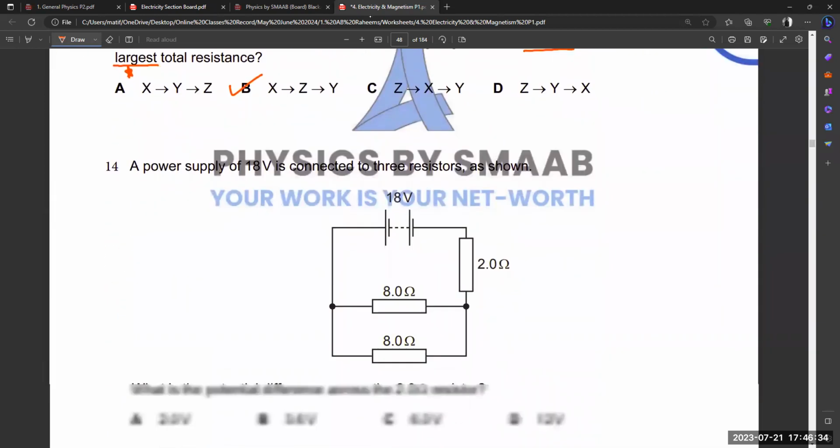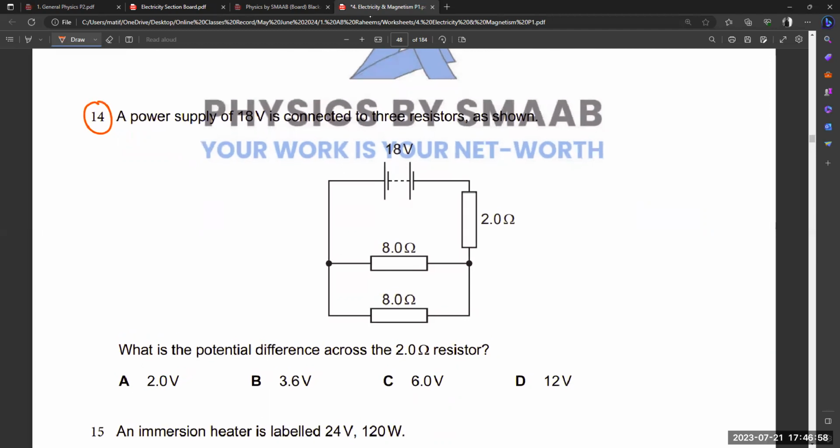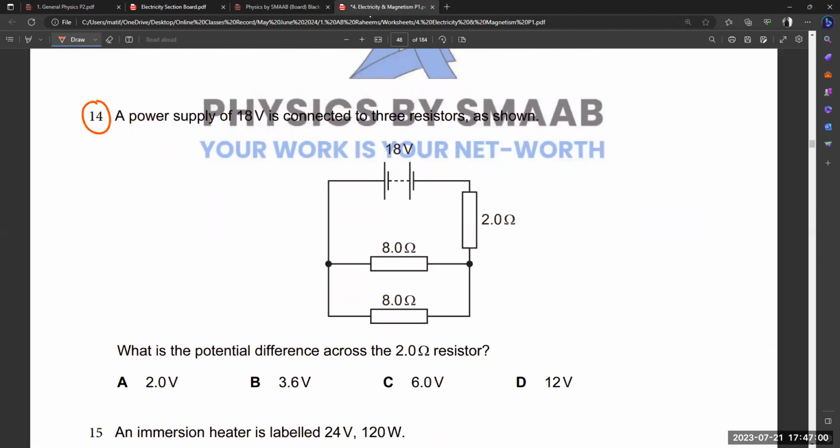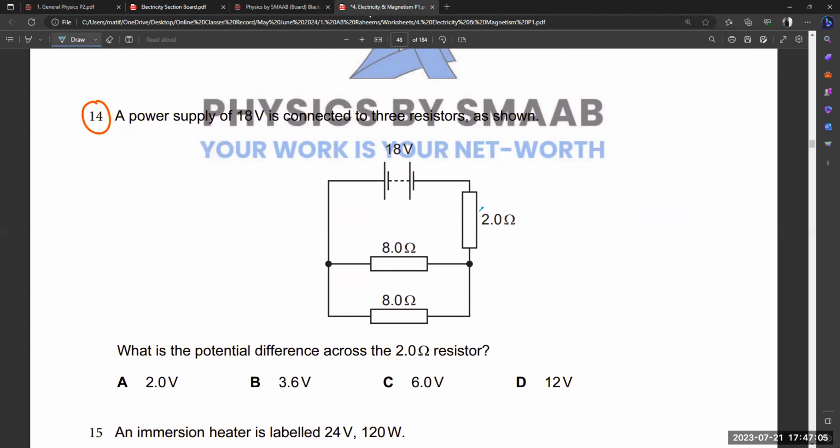And let's try to solve some other. Okay, now question number 14 is something different. You need to find out the potential difference across the 2 ohm resistor, as especially mentioned over here on the right hand side.